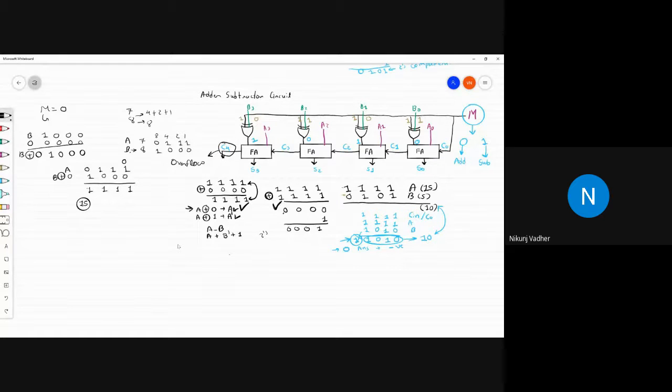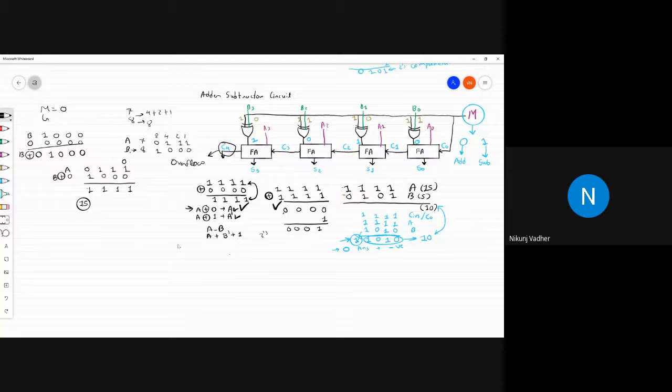Overflow means whatever answer we are getting cannot be represented using 4 bits.